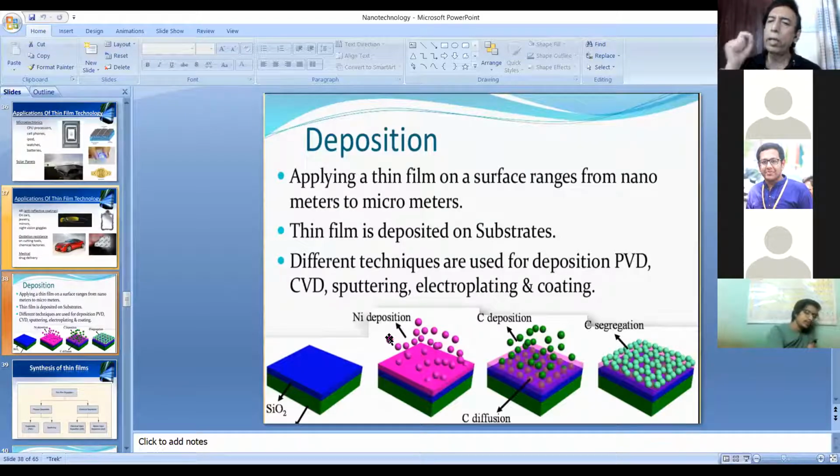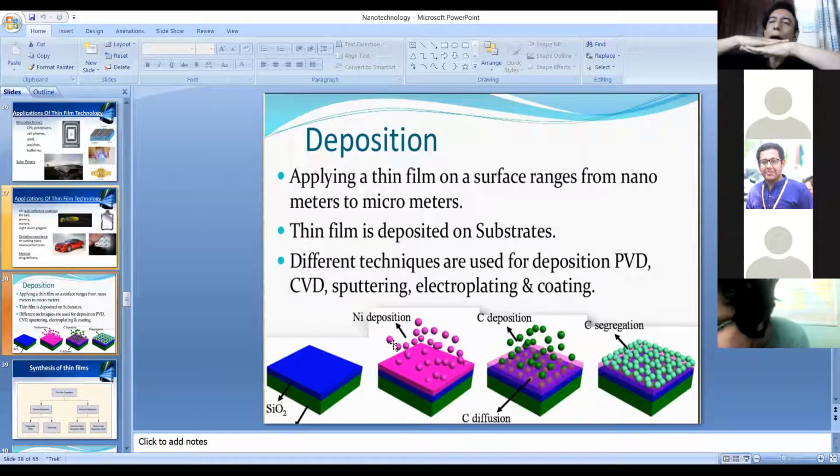But if it is a nanoscale thin film, what do you mean by nanoscale? For example, the height of the thin film is of two atoms, the layer of one atom and the layer of another atom.